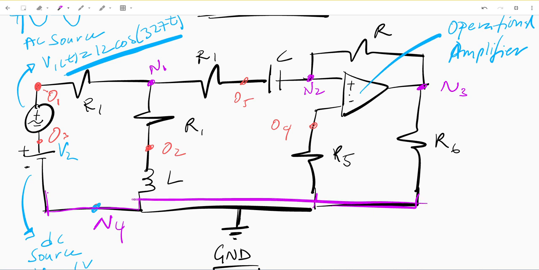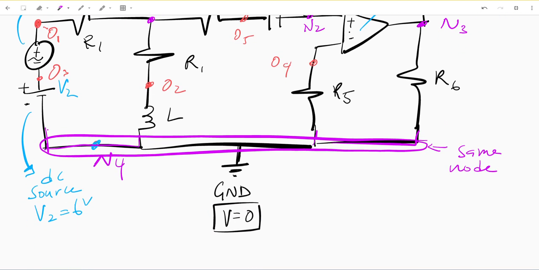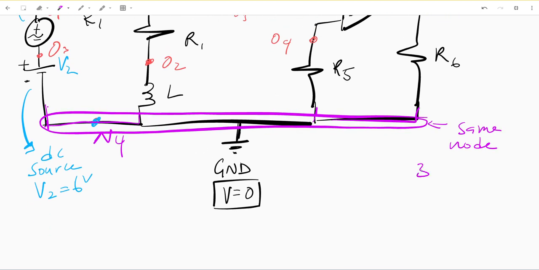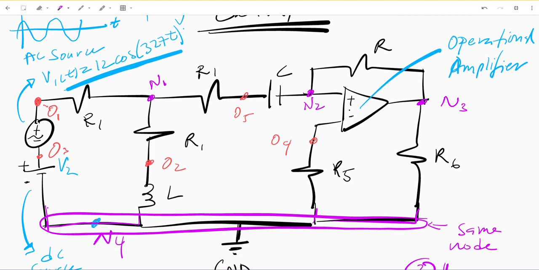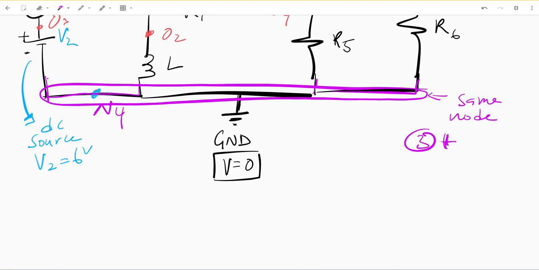Essentially this entire line is considered one node. This is the same node. And we consider that an extraordinary node since it connects 3 plus components. I hope this concept of ordinary nodes and extraordinary nodes makes sense.